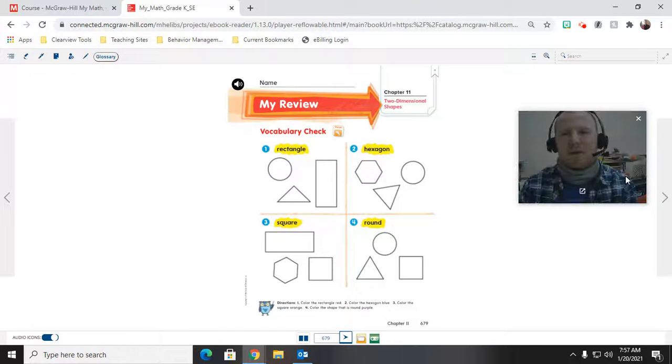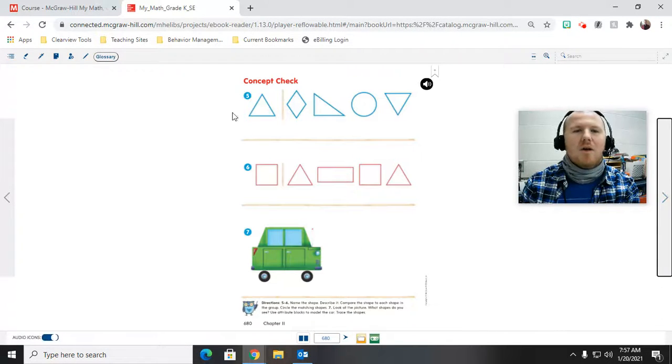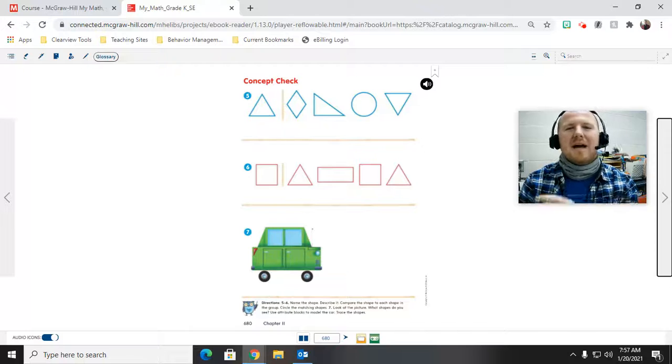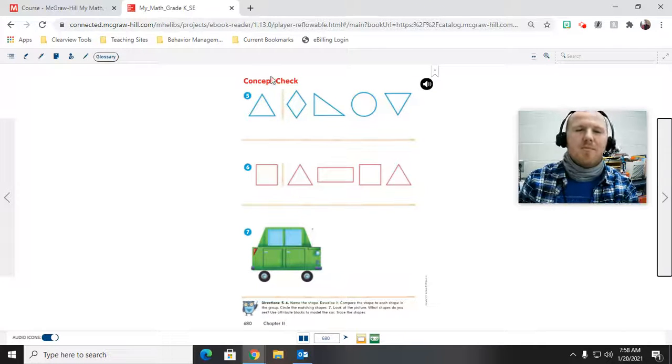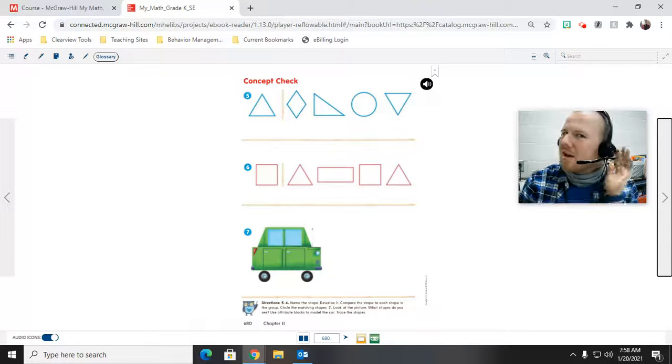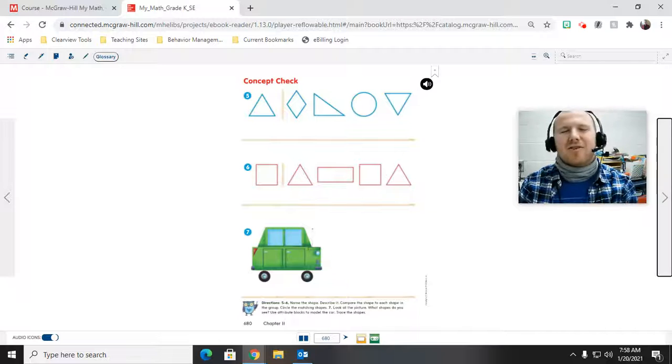All right, let's check out the other page. All right, so we know about this. We've done this a lot. The concept is, how do we identify matching shapes? Well, this shape right here has 1, 2, 3 sides. What shape is that called? You're right, a triangle.